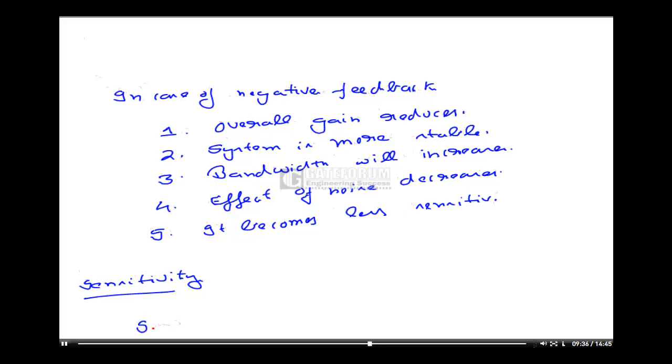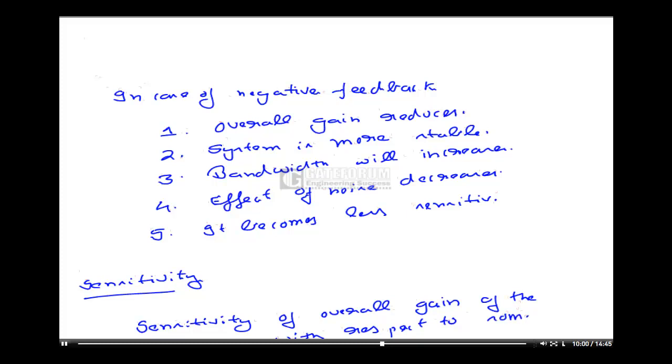Write down: sensitivity of overall gain of the system with respect to some parameter is defined as delta T by T upon delta G by G.